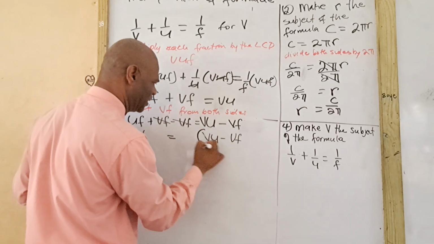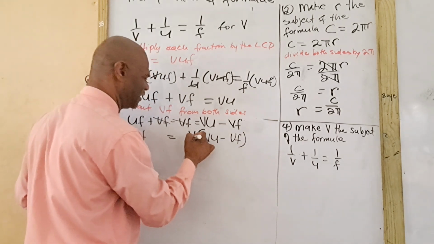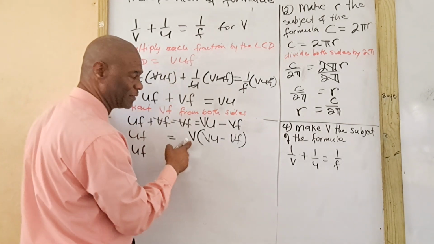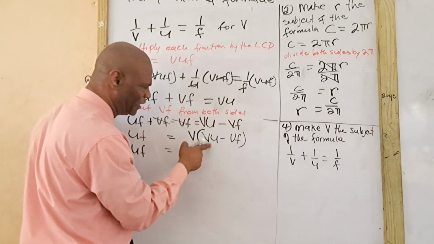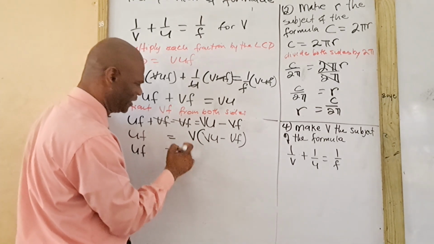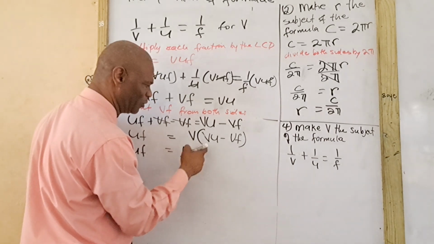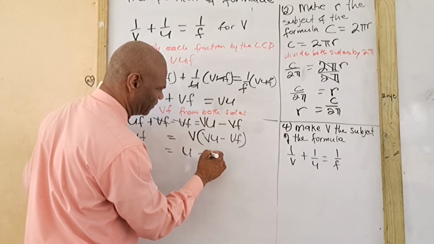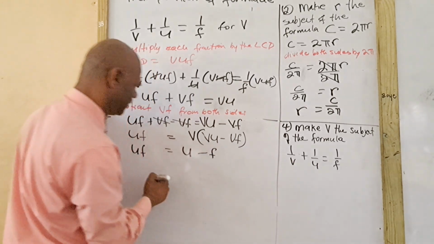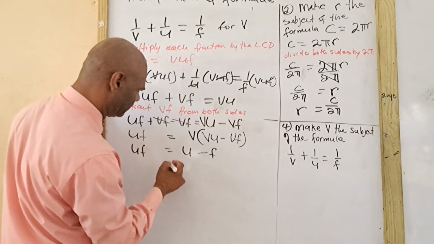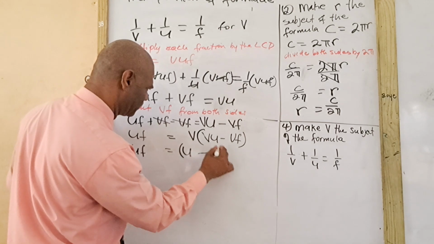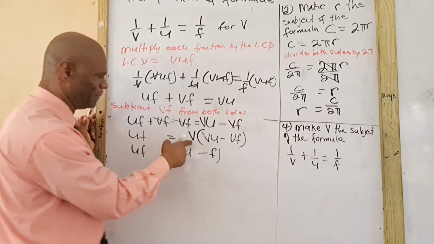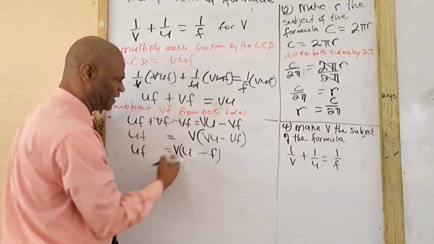So I take out the V. Now we'll have UF equals V times, UV divided by V is U, and the V's will cancel, minus F. Because V is common, I'm dividing all of this by V.